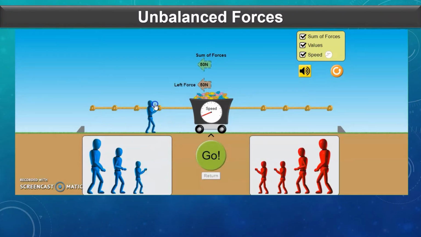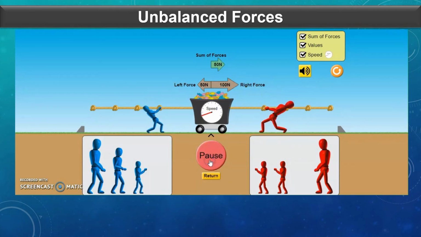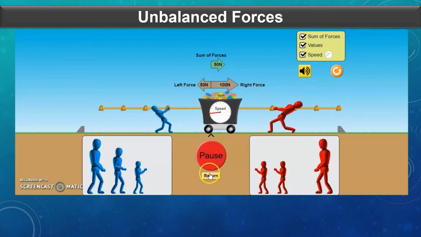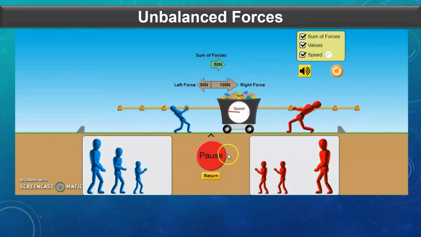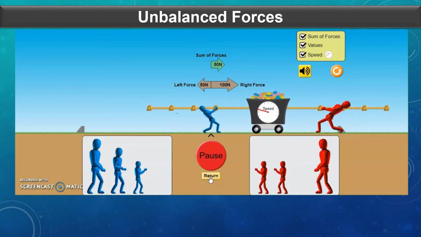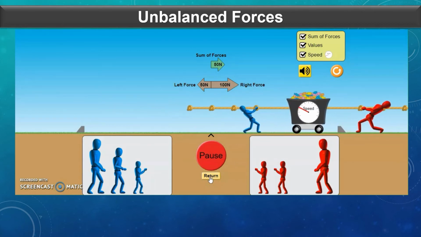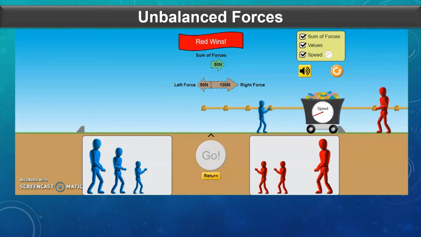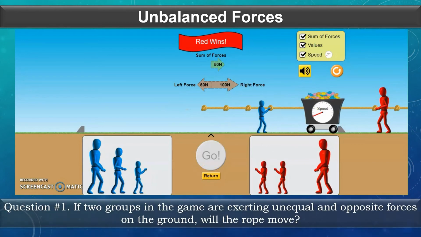This time, we will examine the situations when the forces are unbalanced, and explain the effect of unbalanced forces on the state of motion of an object. Question number 1.